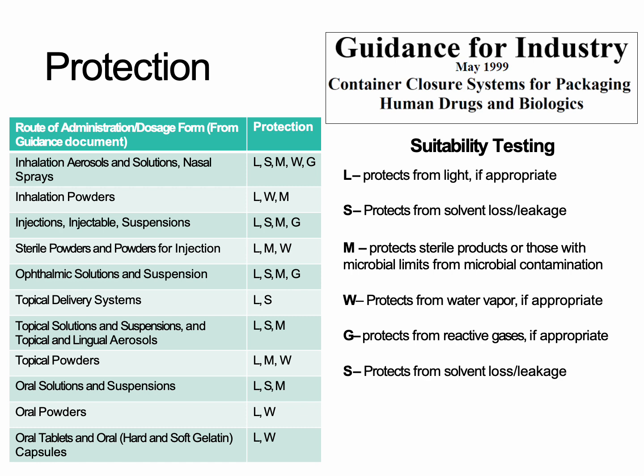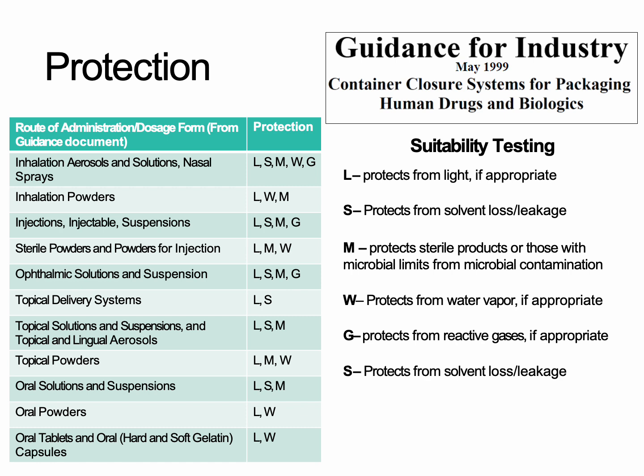Now, in the guidance for industry for the container closure system for packaging human drugs and biologics, we can also see this table, which is related to protection. On the left side, we can see the route of administration or dosage form, and on the right side of the table, we can see the type of protections.